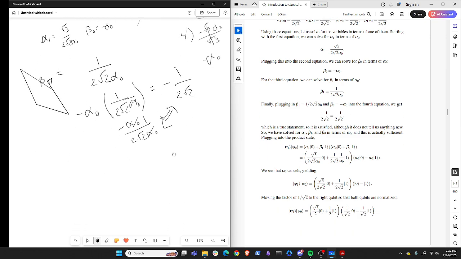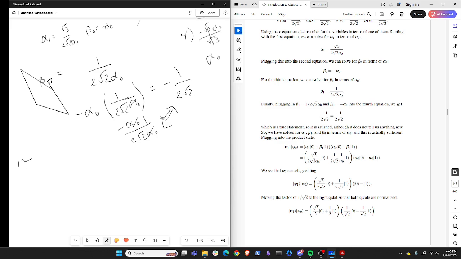Now, we can actually just take this and plug this back into our written out tensor product of our product states.